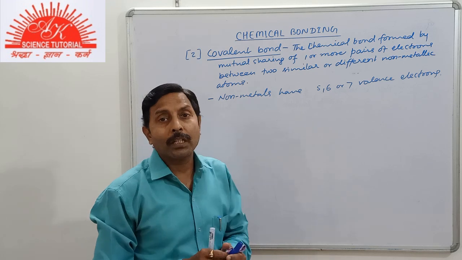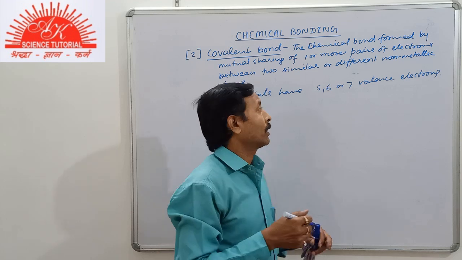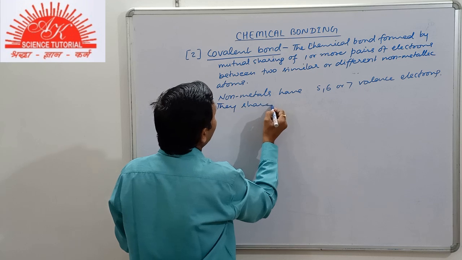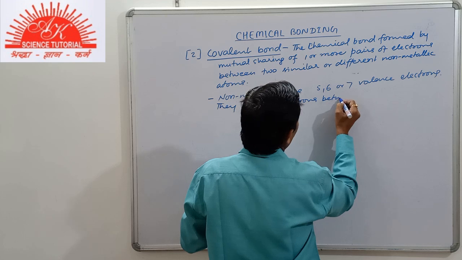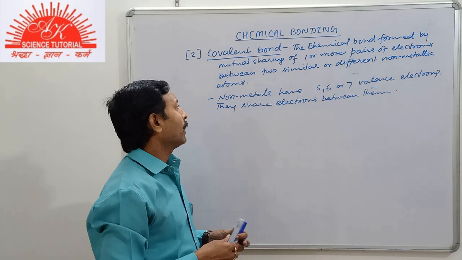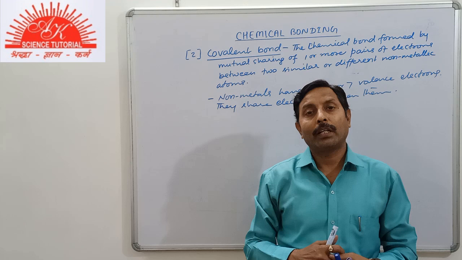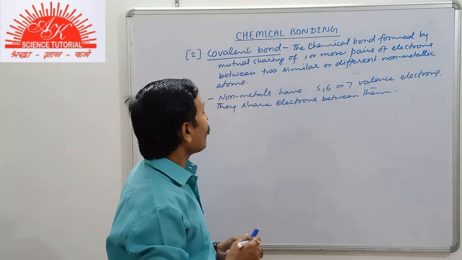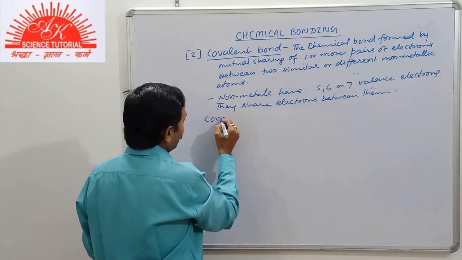So there is only one option, that is to share the electrons between themselves. So they share electrons between them. Now you can remember, the covalent bond is formed by mutual sharing of electrons between two non-metallic atoms.